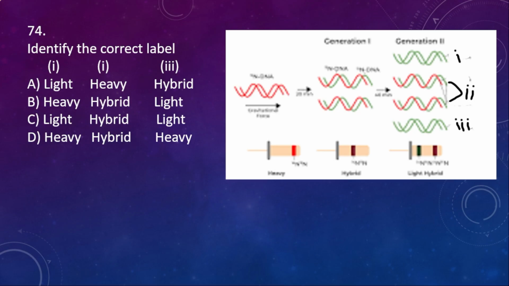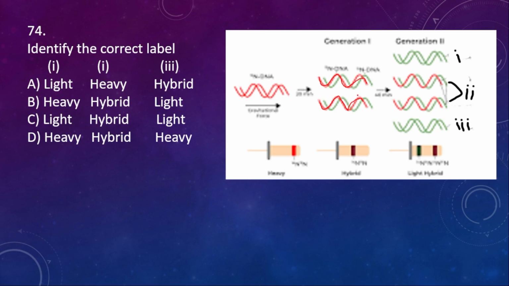See here, identify the correct label. 1 and then 2 and then 3 is given. This is 1, this is 2 and then this one is 3. This is the generation, this is the heavy isotope. After semi-conservative replication, what happens? One parental strand is here and one more is here, and the newly formed is in the form of the green one.